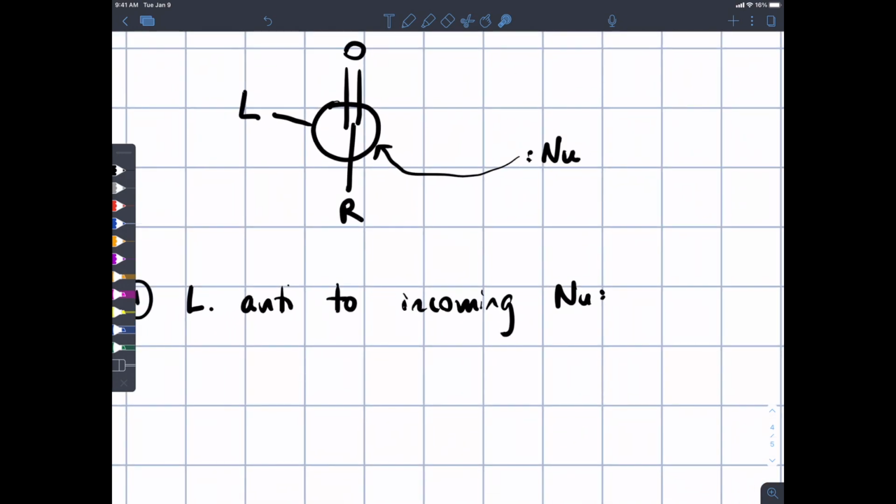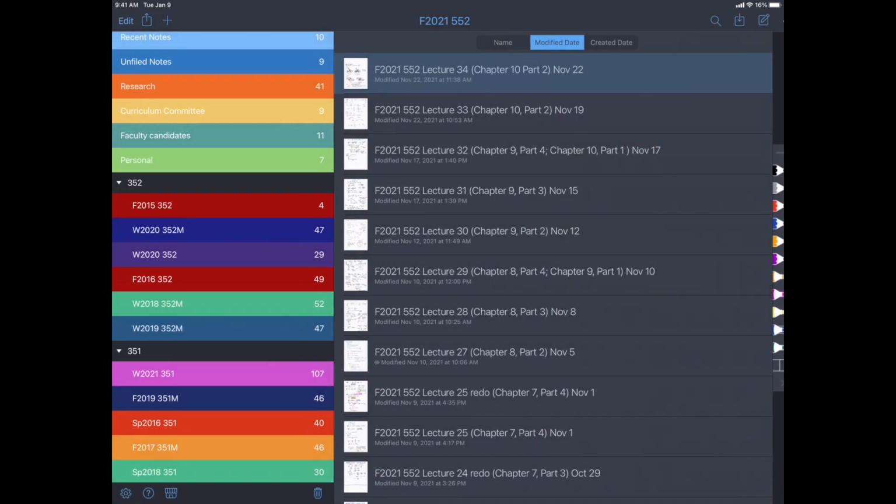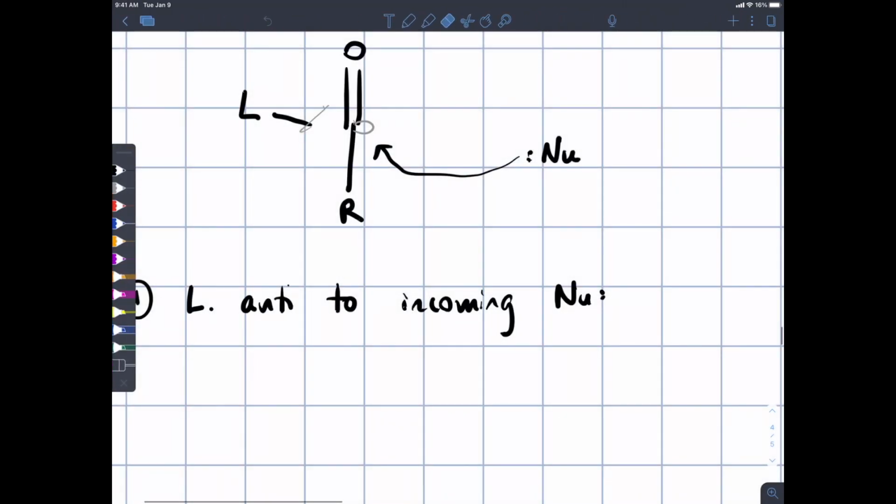Should I draw that? Here's a sigma bonding orbital, and presumably as the nucleophile attacks, we would start to form a sigma star on this side that could overlap with that bonding orbital. And you can actually make similar arguments on the other side of the molecule. For example, if we, oh, that's not what we wanted to do.